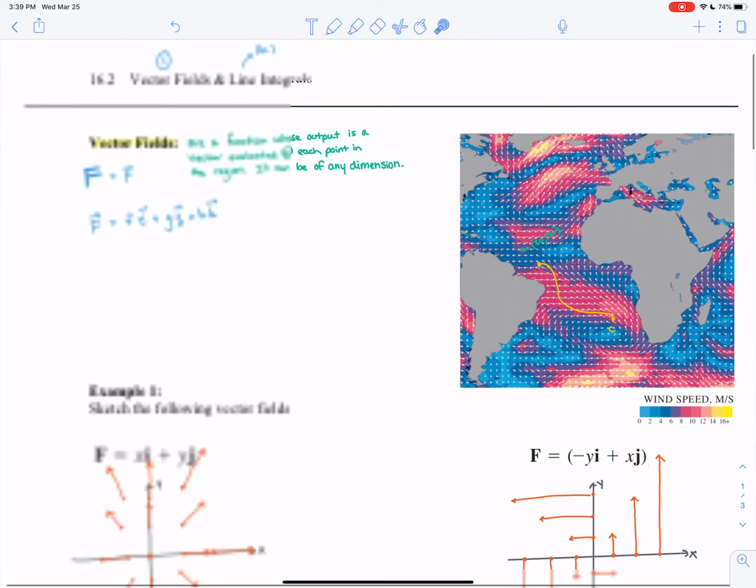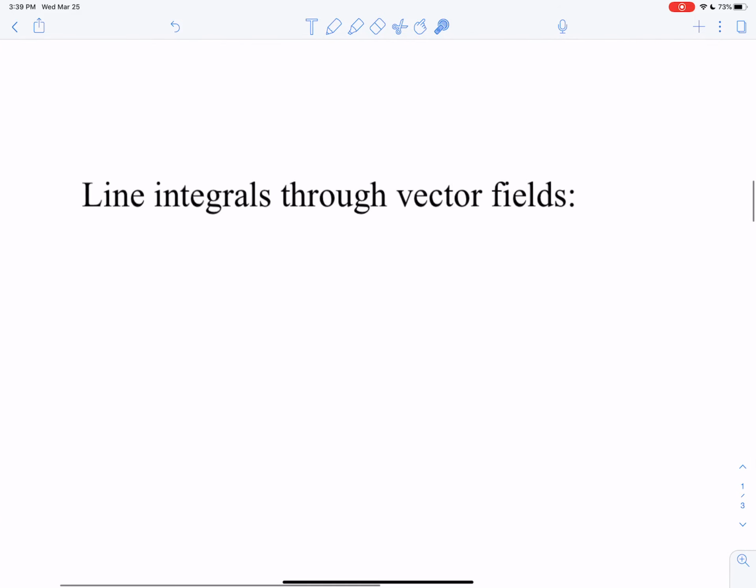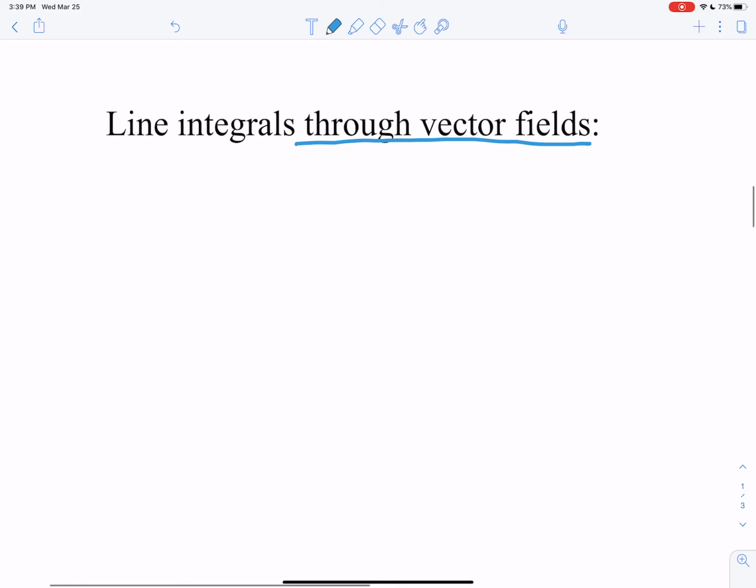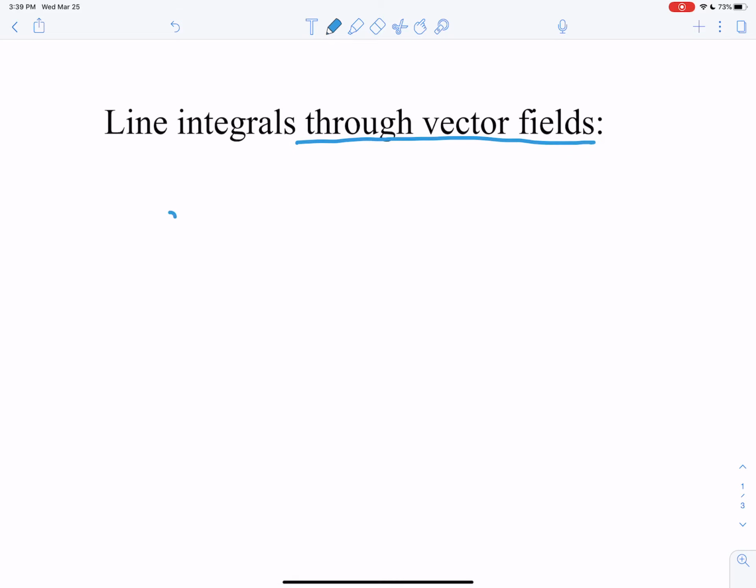So the way we would write that is a line integral through a vector field. The way we'd write that is the integral over some path C that's traversing the field.